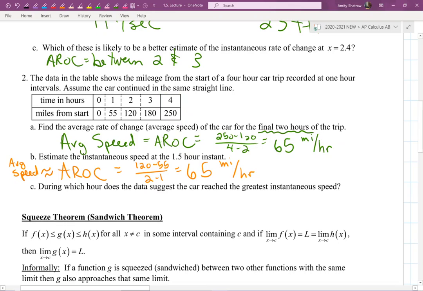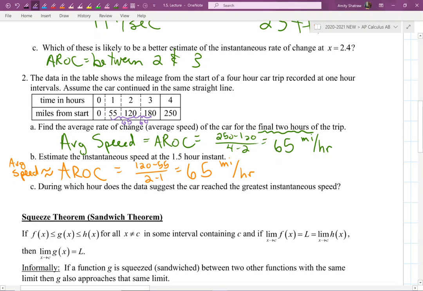All right, so then how about this last piece? I'm going to look at these points. Going from 55 miles to 120 miles, I'm pretty sure that 65 miles is how far you traveled in that 1 hour. And going from 120 miles to 180 miles, I only traveled 60 miles in that hour.